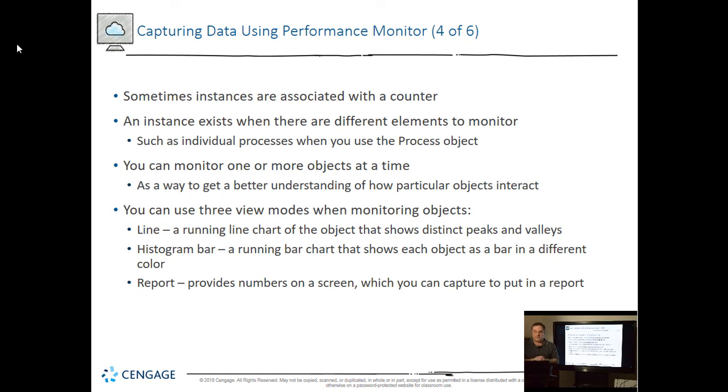There are 3 different view modes when monitoring objects. You've got the line, which is just a graph line; the histogram bar, which shows a bar chart, not usually as popular, it's a little bit more difficult to follow; and then the report. The report one is really useful if you're going to be checking Performance Monitor over a long period of time. It uses a little less processing power than the line or histogram bar, so it's really good if you want to run it for an hour without as big a hit of slowness to the server.